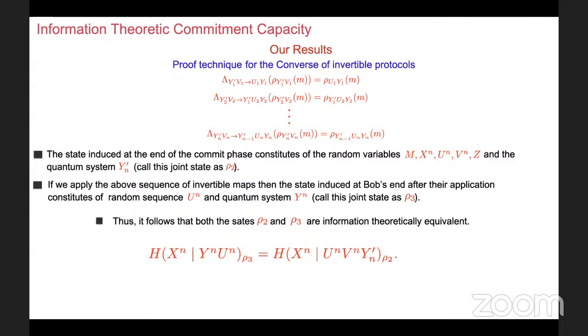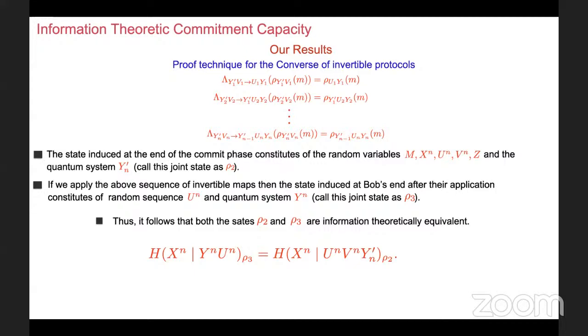One thing to observe here is that the state induced at the end of the commit phase consists of the random variables M, X^n, U^n, V^n, and Z, where M is the message being sent, X^n is the input to the channel, U^n, depending upon the message M and the private randomness, is what Alice is sending to Bob over the N_YZ channel, V^n is the random variable which Bob gets after the measurement of the quantum state, and Z is Alice's private randomness.